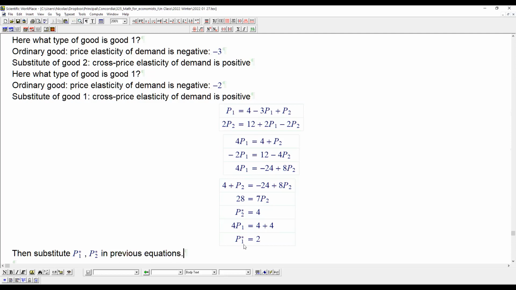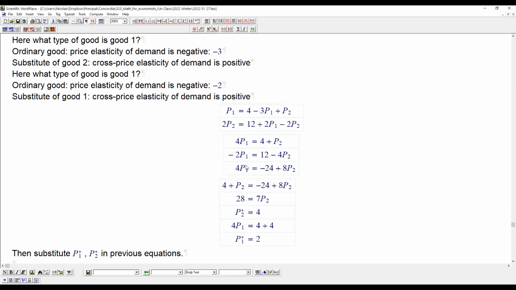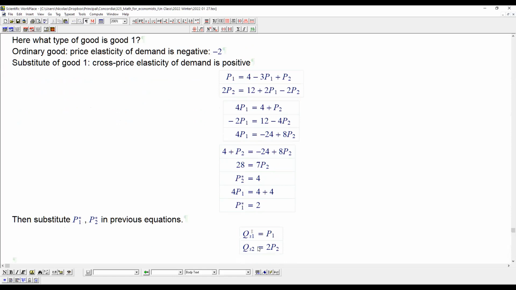All right, so for instance, this is 2. This equals 2 times 4, 8.